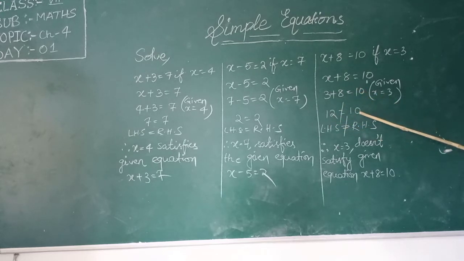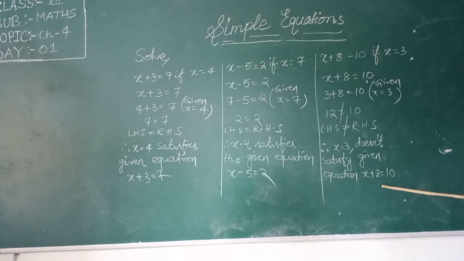How much is there on RHS? 10 is there. Is 11 equal to 10? It is not equal. So LHS and RHS are not equal. Therefore x is equal to 3 does not satisfy the given equation x plus 8 equal to 10. So like this we should write.